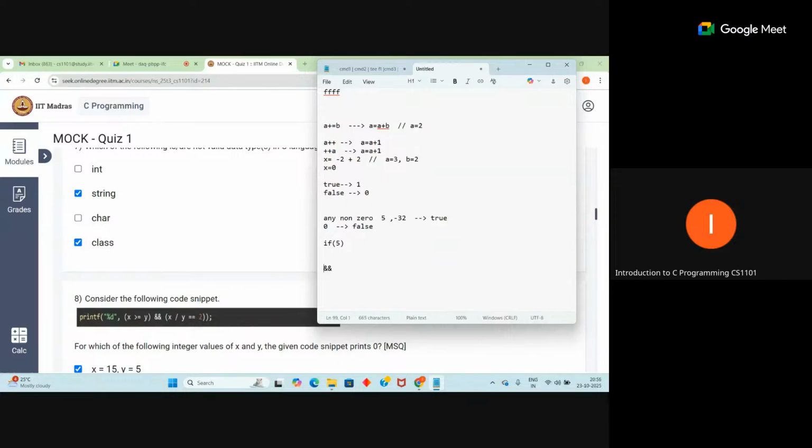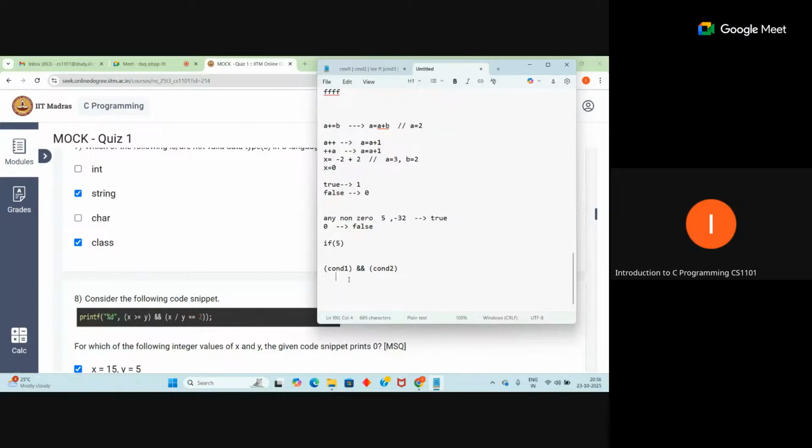Logical AND means, so here we are specifying some conditions. Condition 1 and condition 2. We have 2 conditions. Say for example, when both are true, you want to do something. Then we need to combine these 2 conditions with AND.